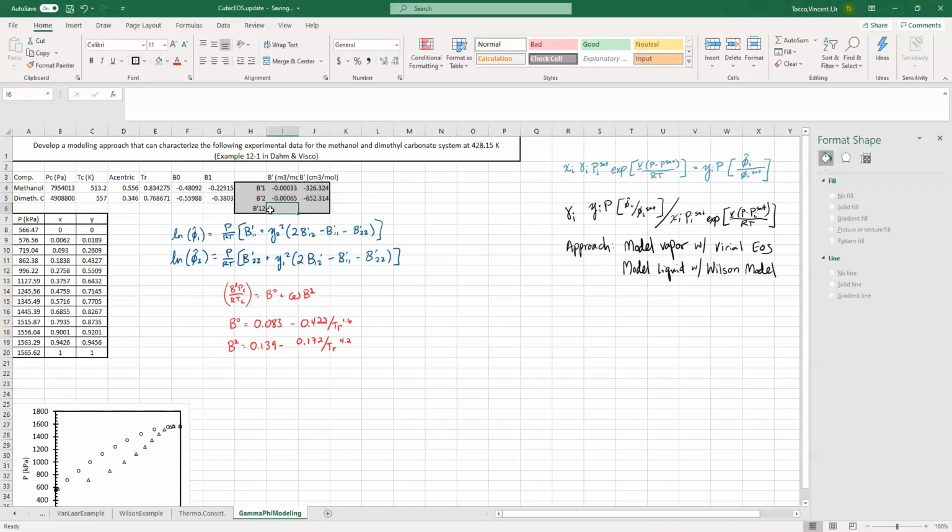Okay, B prime 1, 2, I said this is going to be the geometric mean. So I'm going to say this is the square root of the 2 multiplied together, I4 times I5, and copy that formula over there as well. This should be negative, no? Yes, it should be negative here.